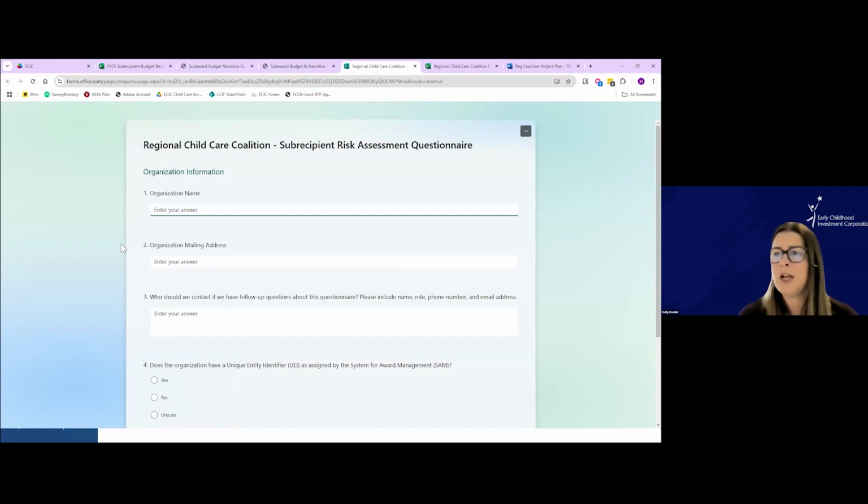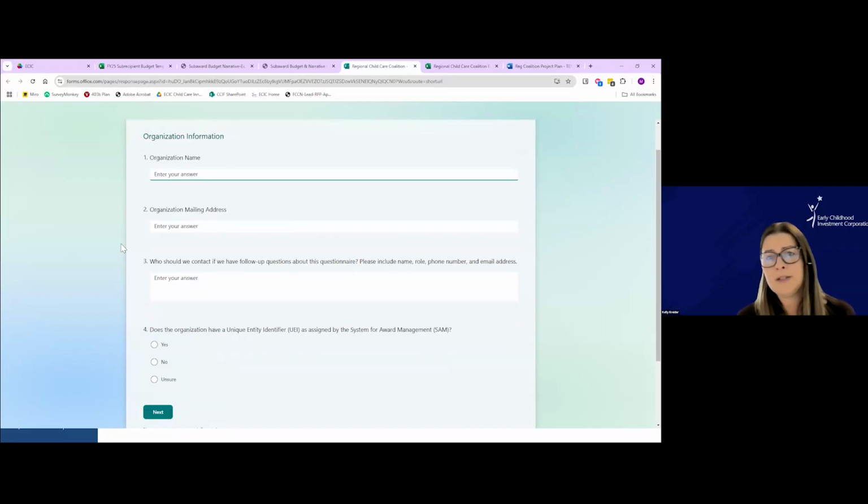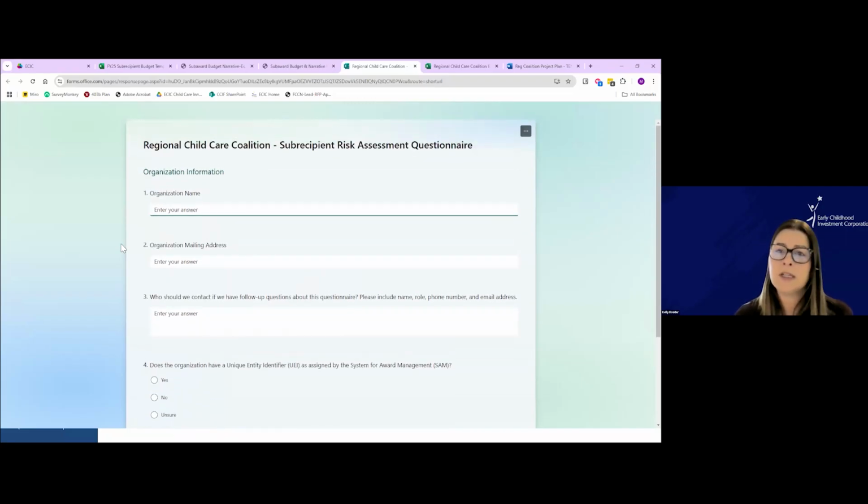And really, this helps us understand how you handle certain aspects of your organizational operations and finances. And if there's anything that we might need to follow up with you on, anything that we need to document internally for potential technical assistance later on, or individualized support.